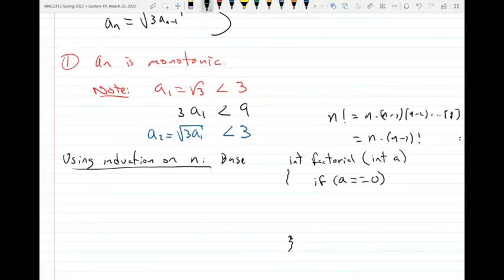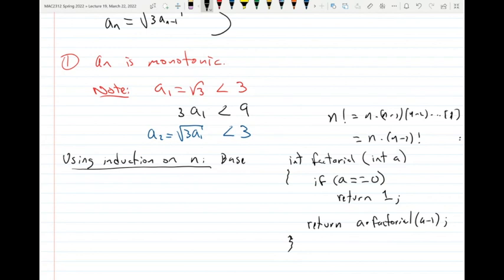So if a is equal to 0, then we're going to return 1, because the factorial of 0 by definition is 1. Otherwise, meaning if you give me a number that's bigger than 0, it's going to ignore this if, and then it's going to execute the next line. All you have to do is return the result of doing a times factorial of a minus 1. That's it. That's your code.